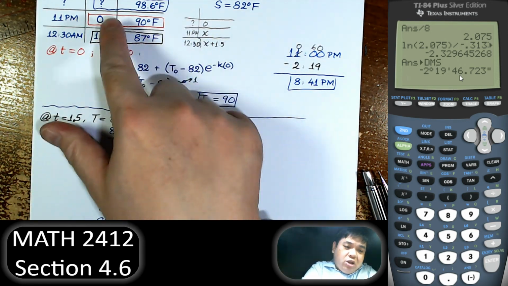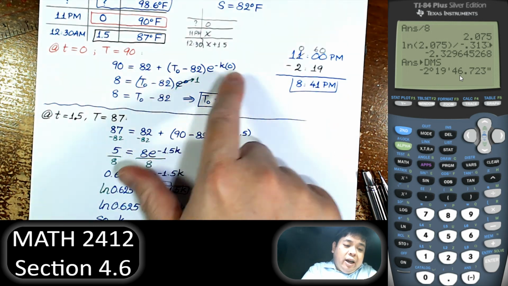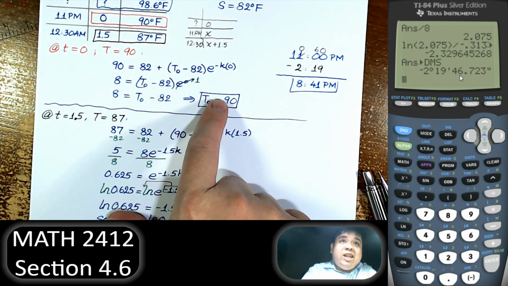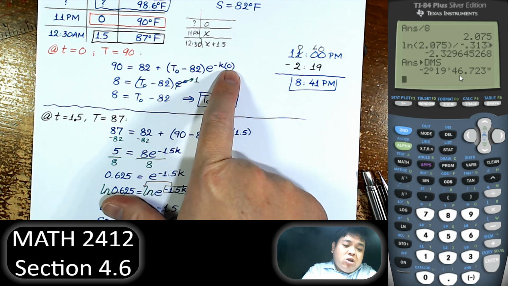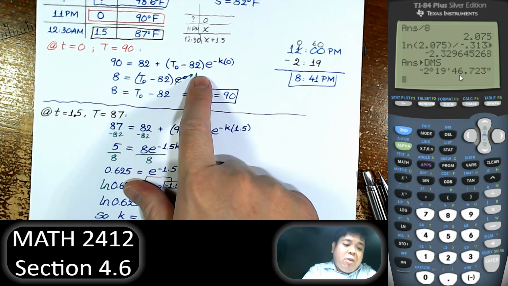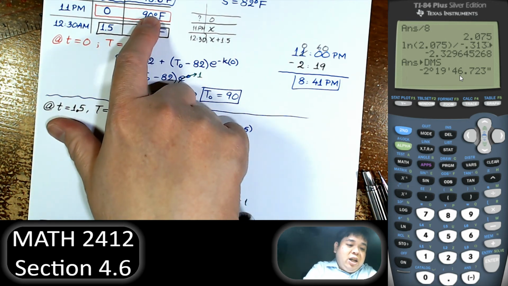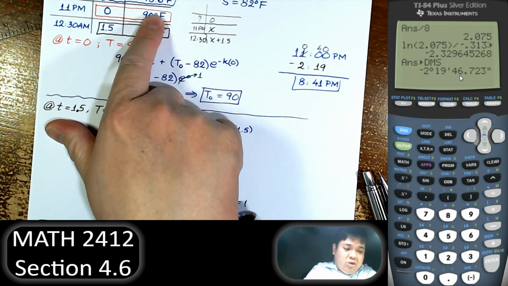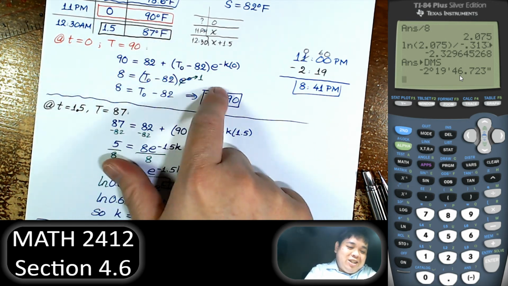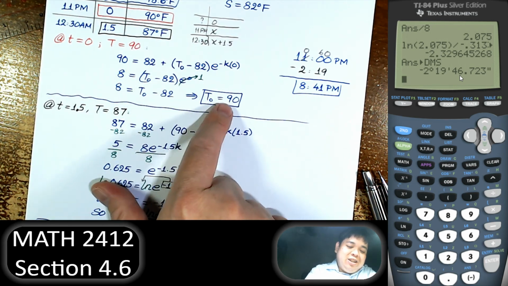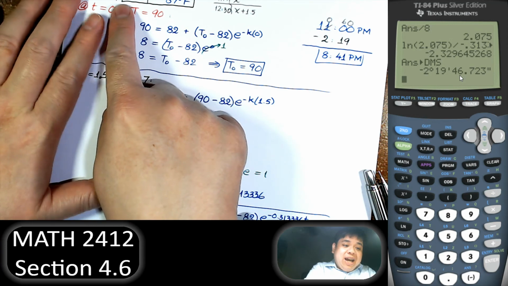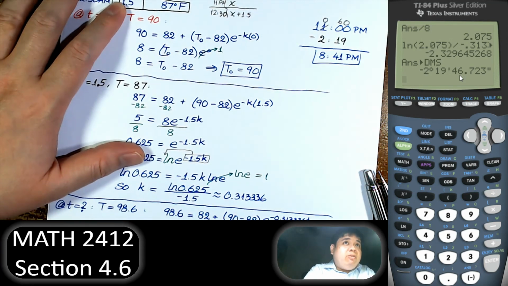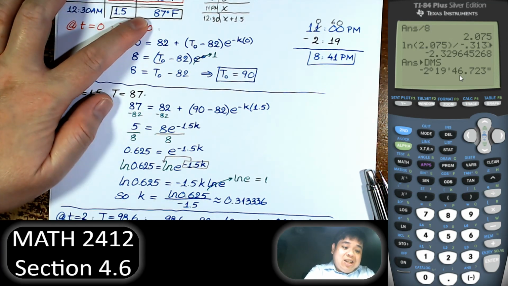Just put all the numbers we know in, and in that case we solve for T naught, because when time is equal to 0, e to the 0 power is 1, and we have T naught, which is the temperature at 0. That should be 90 degrees. So yes, it is. Right, and then we use the second data point: 1.5 hours later, the temperature is 87 degrees.